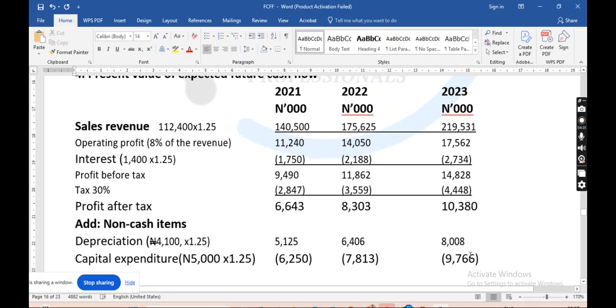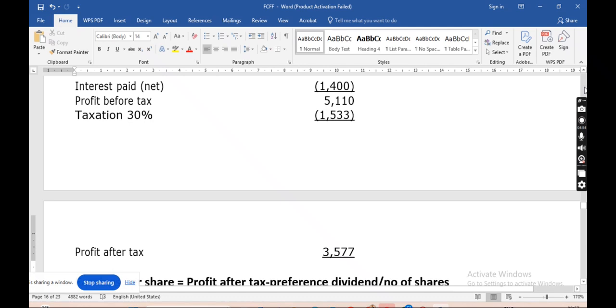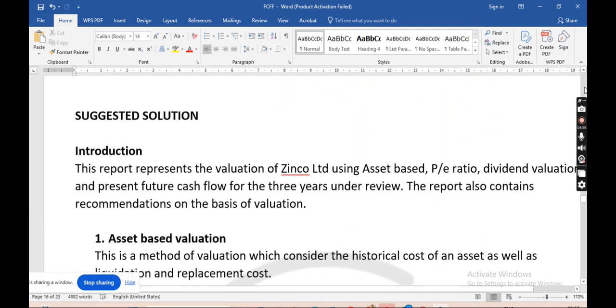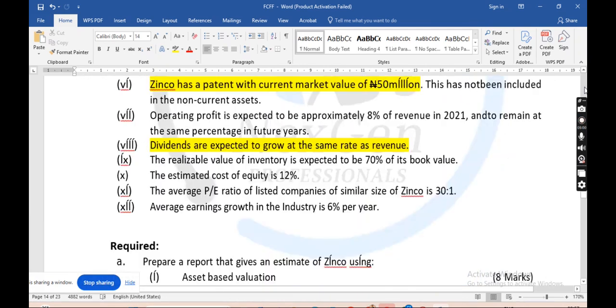Now, if this is established, after you add back depreciation, your capital expenditure is increased, you can see that there is an increase in the capital expenditure. Now, the question is, what next? What other, do we have working capital given to us in this question? Working capital.